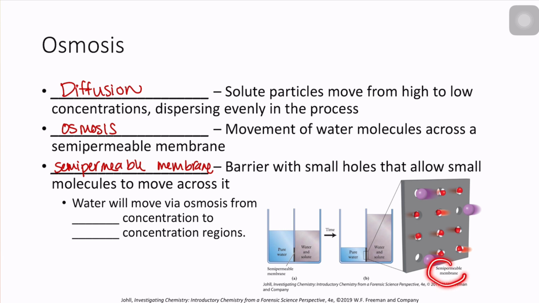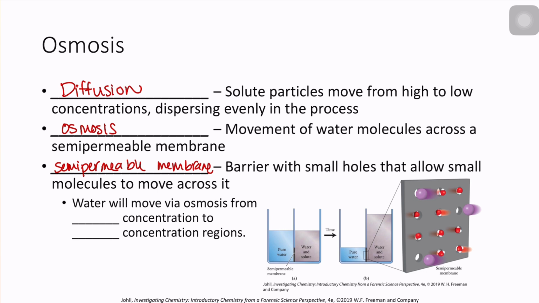So if this is my semi-permeable membrane right here, notice that the water molecules are able to pass through it, but these larger solute particles cannot. So only water is able to move through it.